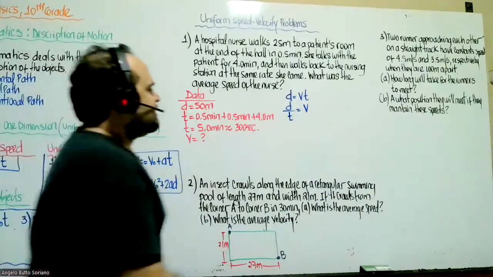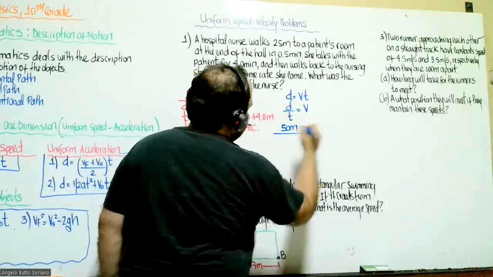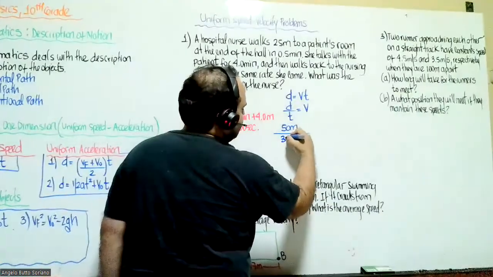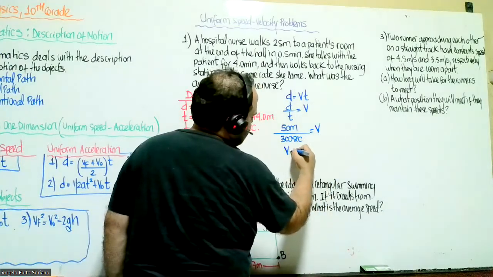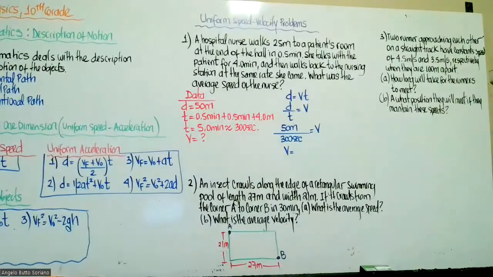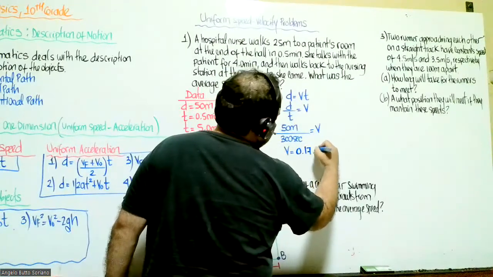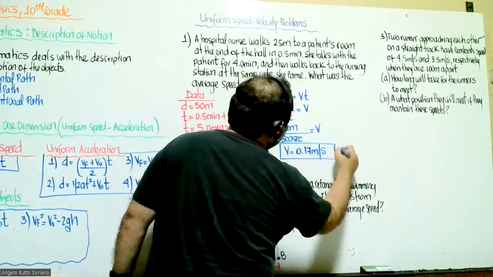Well, the distance will be 50 meters, and the total period of time will be 300 seconds. For that reason, the average speed will be given by 50 divided by 300. The answer will be 0.17 meters per second. This is going to be the average speed.